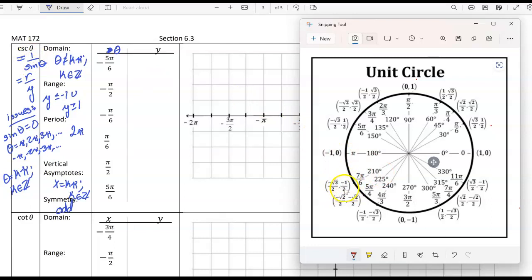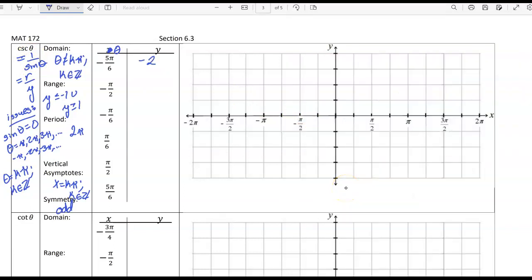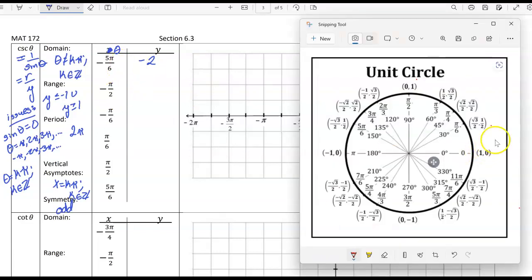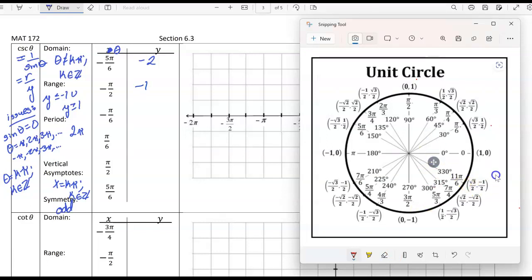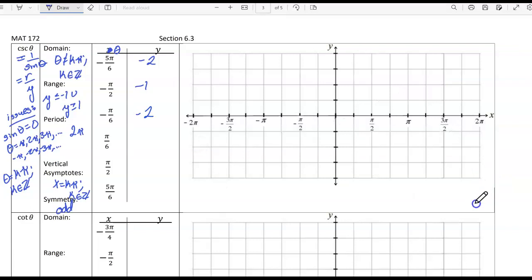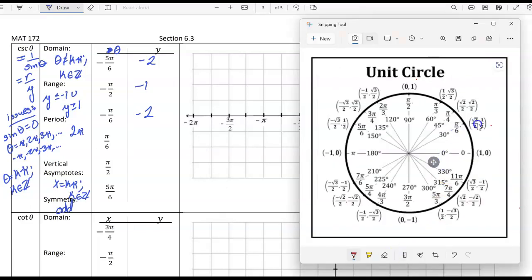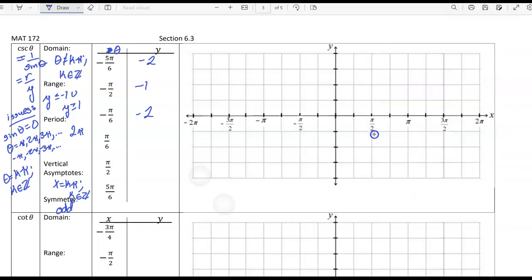So 1 over -1/2 is going to be a -2. If I look at the next one, negative pi over 2, 1 divided by -1 is -1, negative pi over 6, 1 divided by -1/2 is a -2, and I can do the same thing with the other three. I'm going to get 2, 1, and then 2.